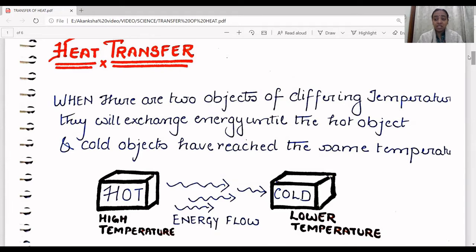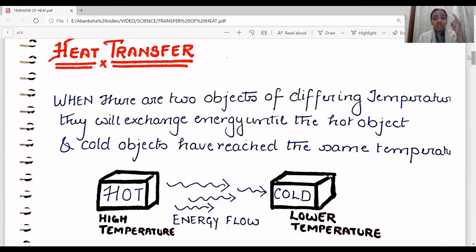So the hotter part is the gas flame and the cold part is the utensil. So slowly and gradually you will find that the heat is traveling from the hotter body or the hotter object to a cold object. So the utensil slowly and gradually becomes heated. So that is transfer of heat.